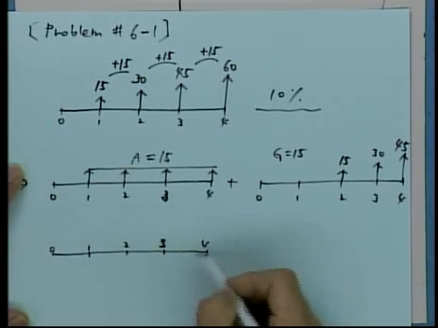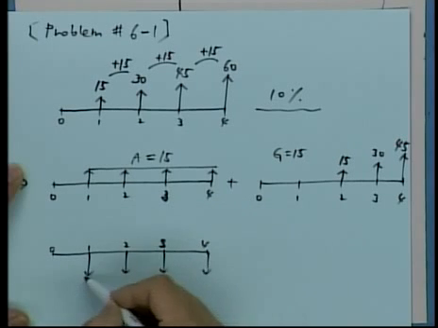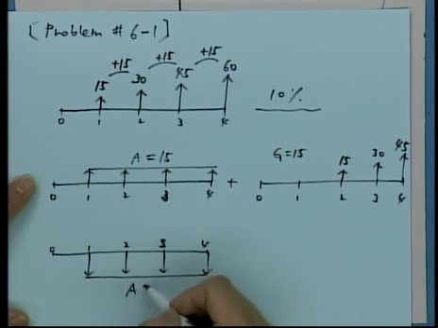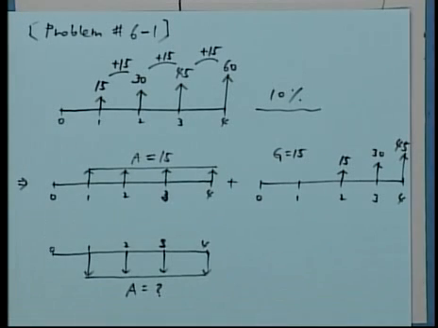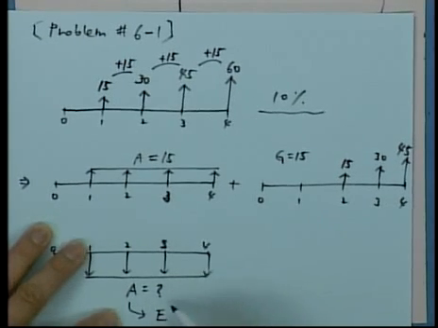So this A gives you the equivalent uniform annual benefit.